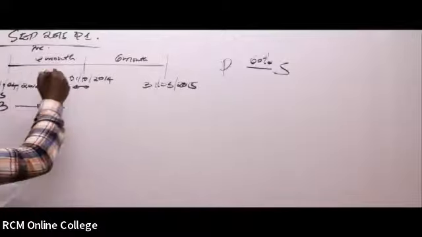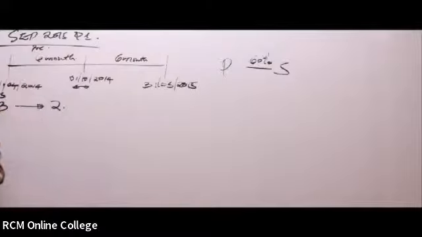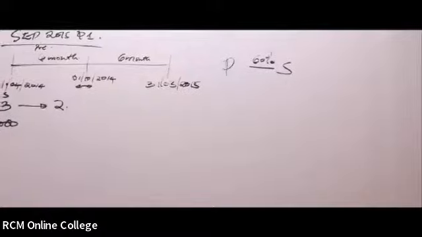So you can indicate our workings. Working 1, our workings are in shillings of thousands. So that is 8 million shares.